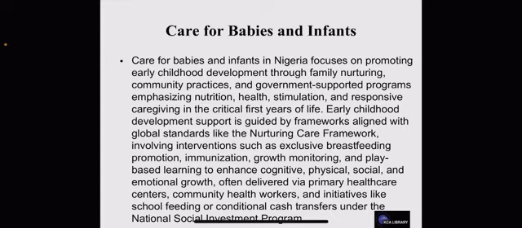In Nigeria, care for babies and infants primarily focuses on promoting early childhood development through family nurturing, community practices, and government supported programs emphasizing nutrition, health, stimulation, and responsive caregiving in the critical first years of life. Early childhood development support is guided by a framework aligned with global standards, like the nurturing care framework, involving interventions such as exclusive breastfeeding.